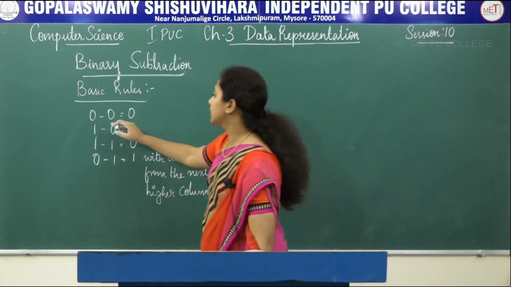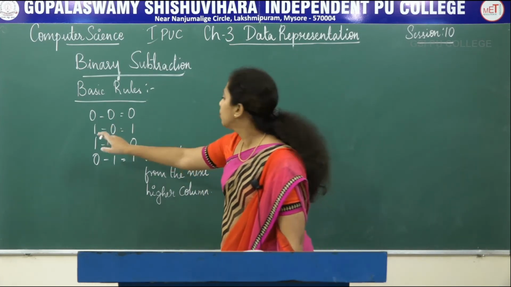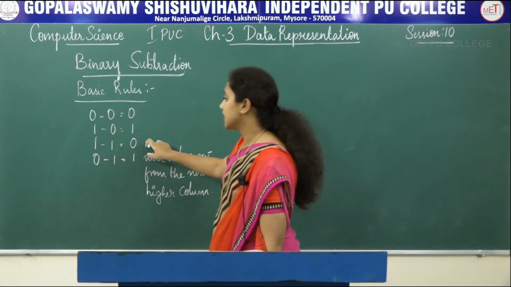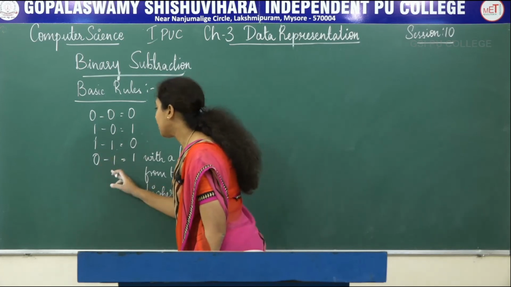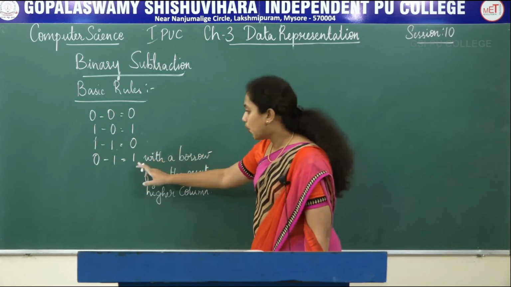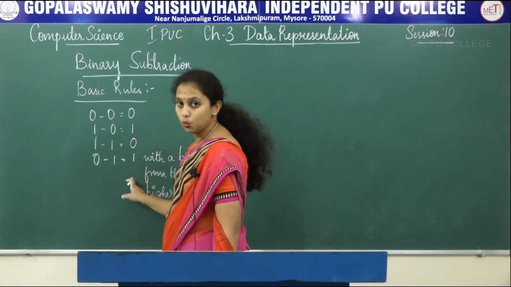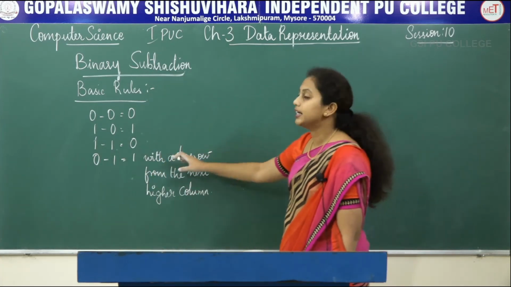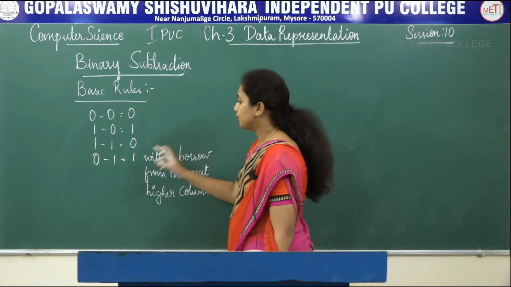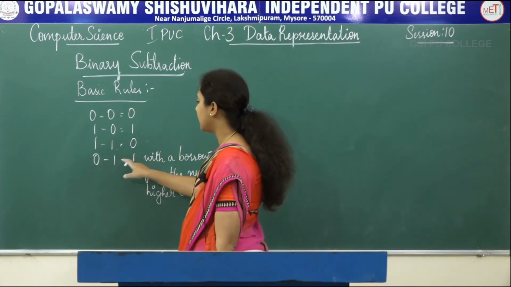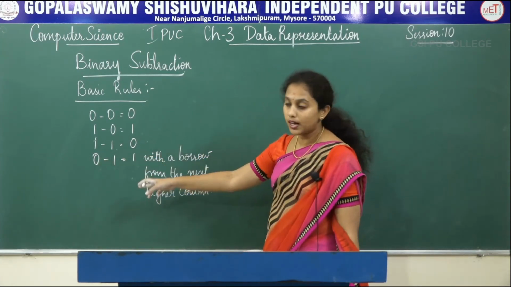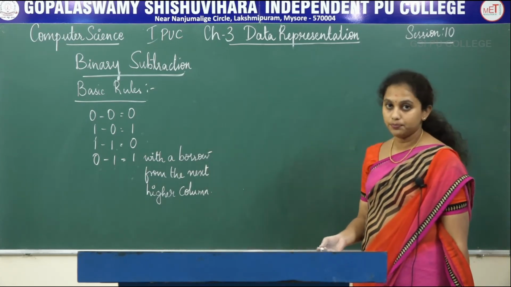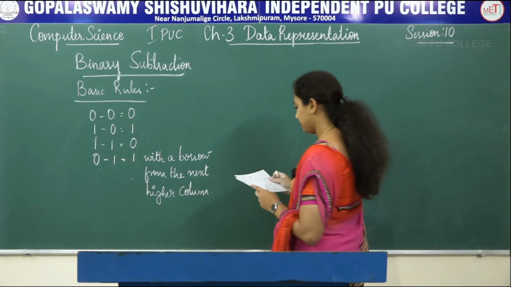That is 0 minus 0 is 0, 1 minus 0 is 1, 1 minus 1 is 0, 0 minus 1 is 1, difference is 1 with a borrow from the next higher column. So if you come across 0 minus 1, the difference will be 1 with a borrow from the next higher column. So now let's solve some problem.